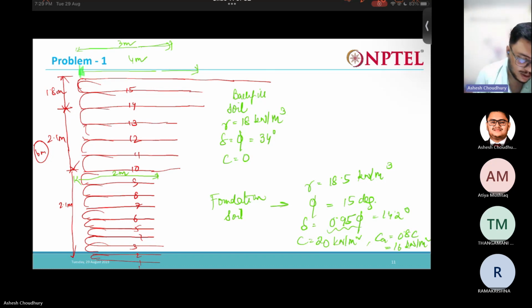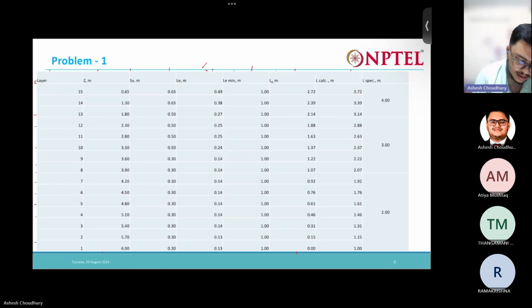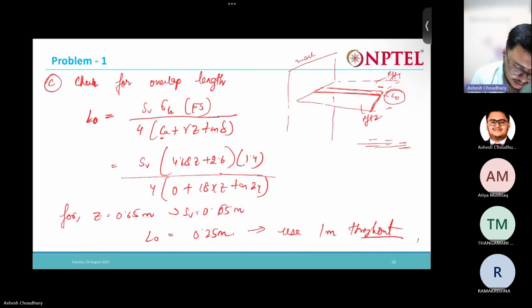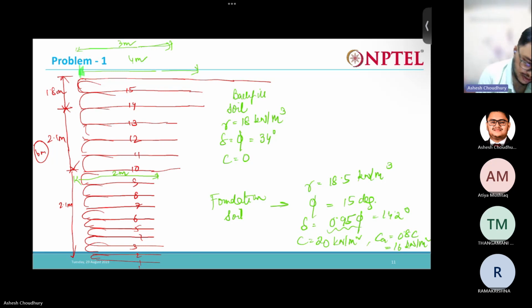See what we provided. We provided for the first three layers four, right? But here you can see only the first two layers they've considered this 4 meter. So I think there is some mismatch between the problem and the solution they provide.